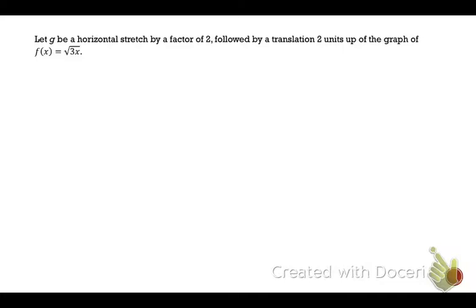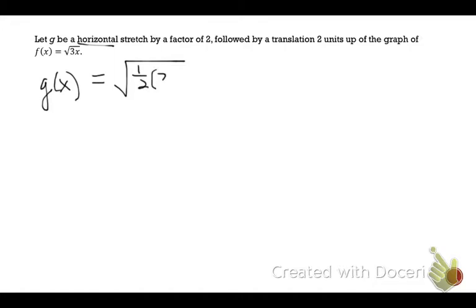All right, so now in this one, we're going to let G be a horizontal stretch by a factor of 2. So that means we'll be multiplying by a half since it is horizontal. So let's build this function. And then after that, we're going to translate 2 units up. Okay, and this is a square root function. So we'll do square root and then 1/2.